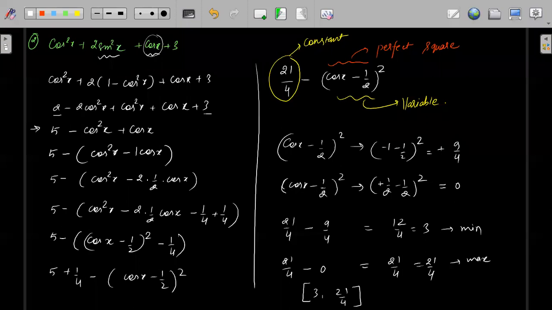Yes, at cos x equals 1 by 2, this can take value 0. So this is for when cos x is equal to minus 1 and cos x is equal to 1 by 2. For cos x equal to 1 by 2, this will take minimum 0. For cos x equal to minus 1, this will take maximum 9 by 4. But because this is subtracted, when this is maximum, this whole thing will become minimum. When this is 0, this whole thing will become maximum. Okay, so copy this thing.